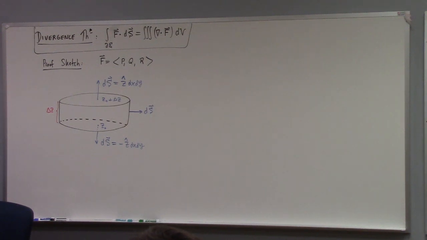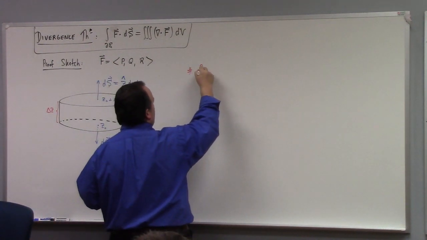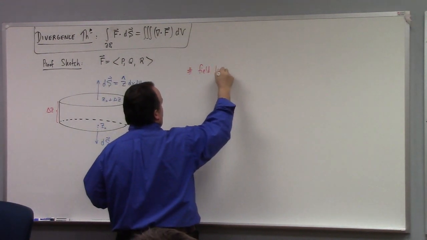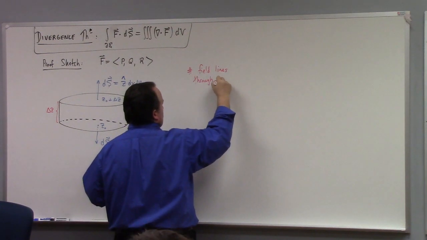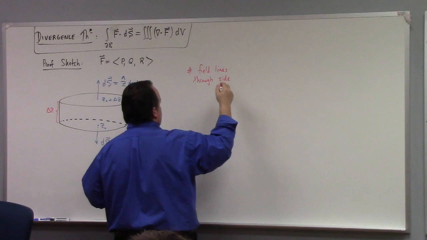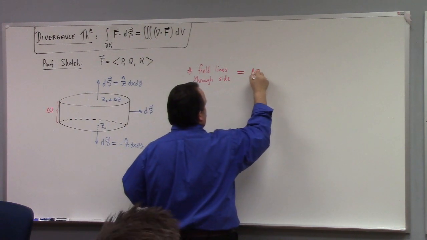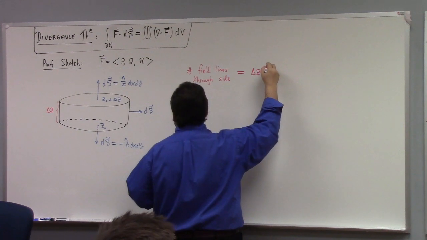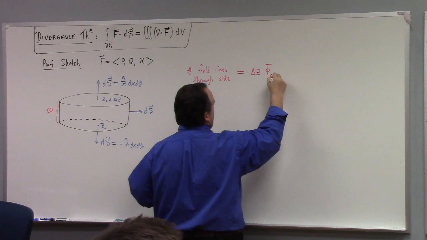If I want to count the number of field lines that go through the side, in other words, the flux through the curved side, that should be something like delta z times the flux through a given circle.